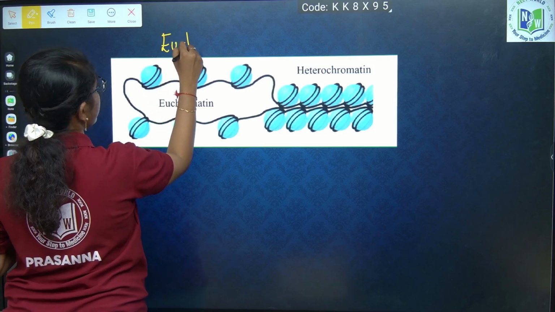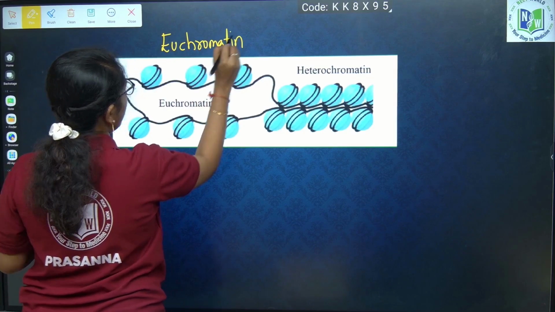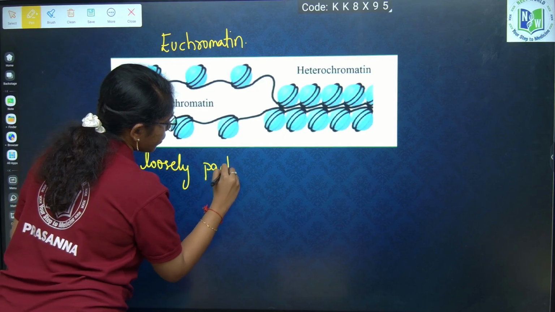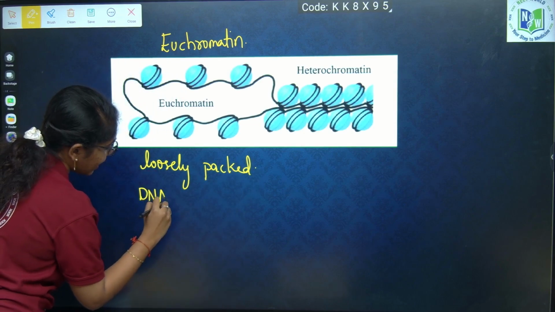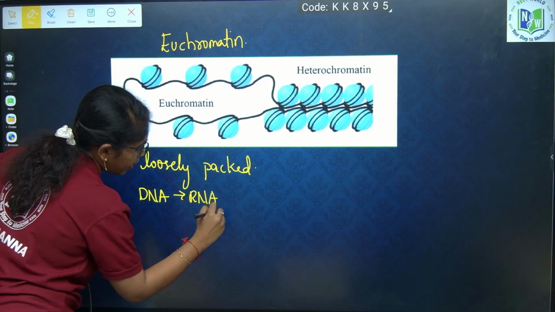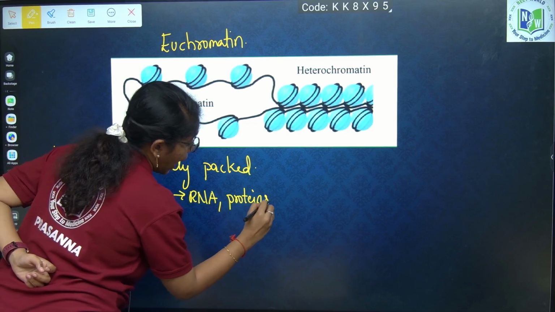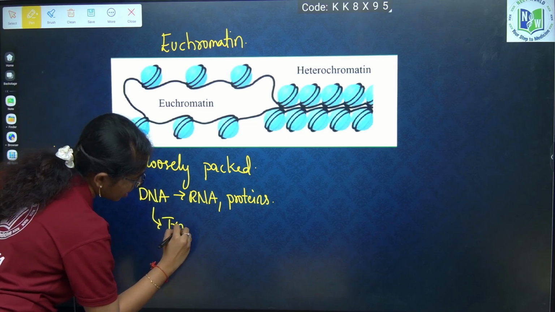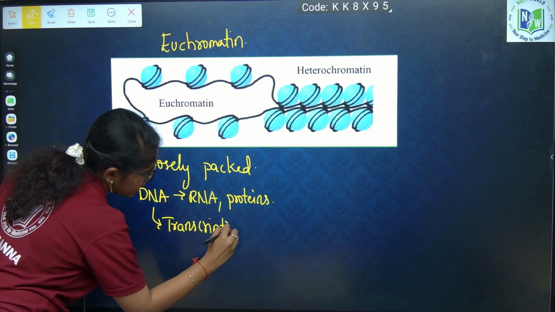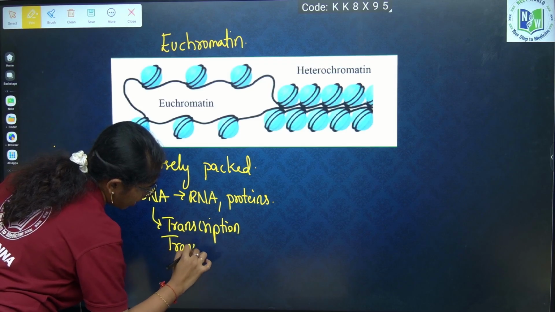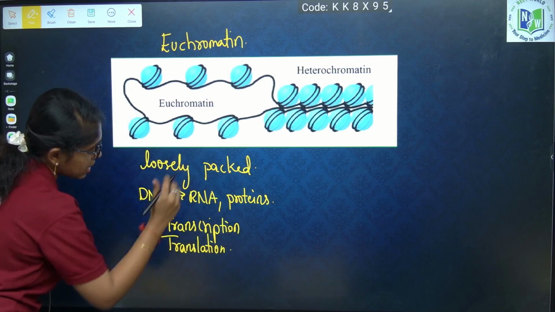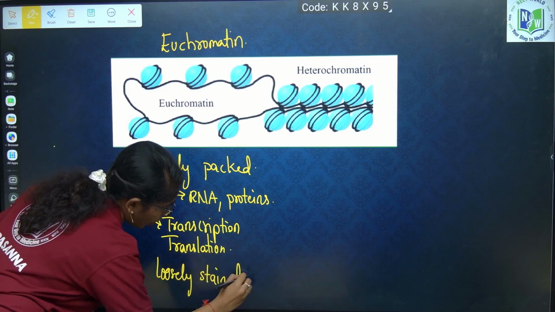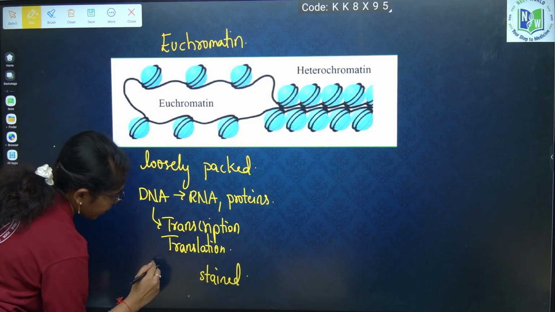In euchromatin, the DNA is loosely packed, and here DNA is easily accessed by RNA and proteins, so transcription and translation easily occur. It is loosely or lightly stained.